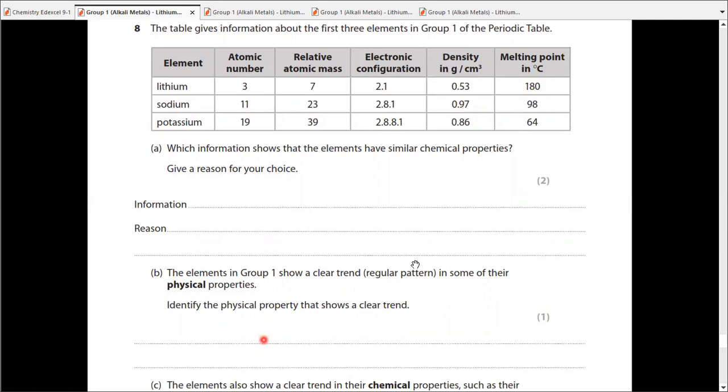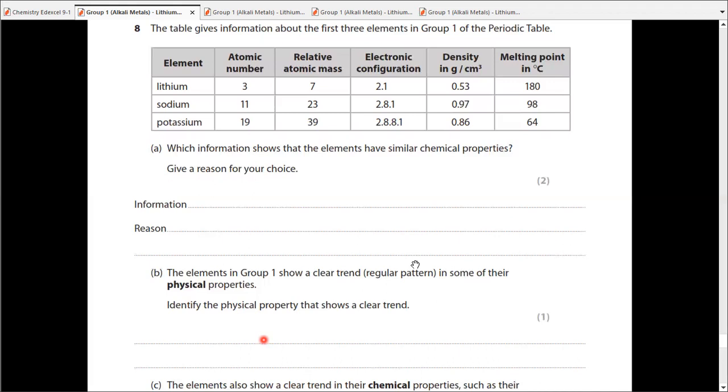Chemical, let it be electronic configuration. Right. Reason because all of the elements in group one have the same number of electrons in the outer shell.